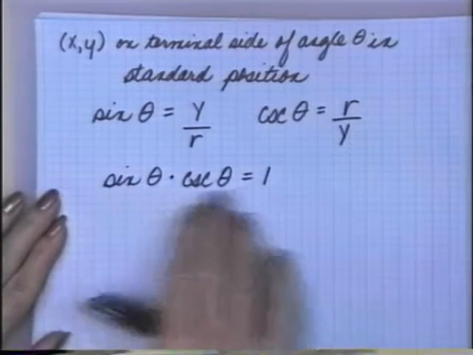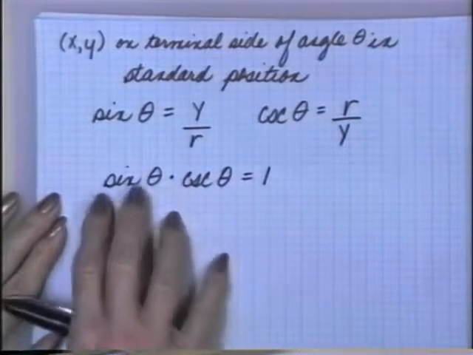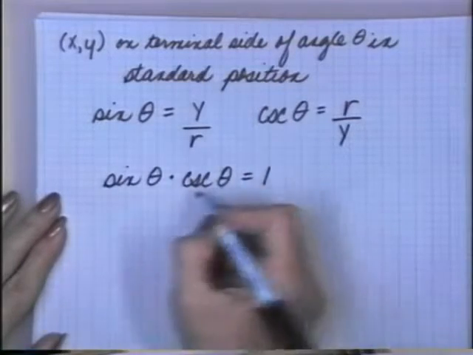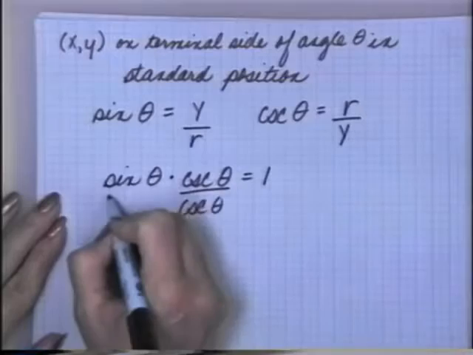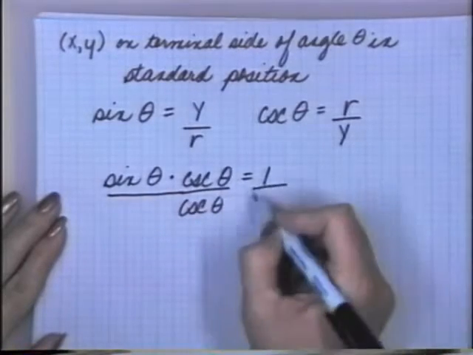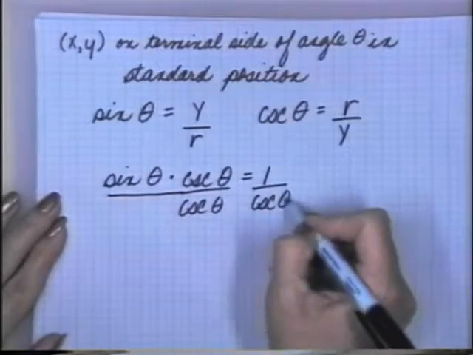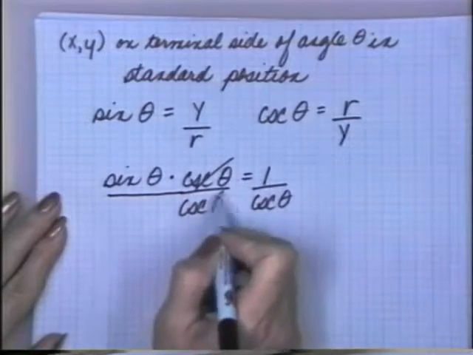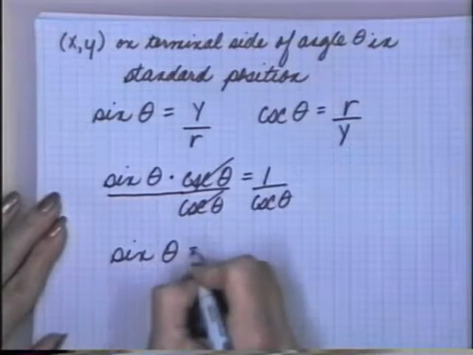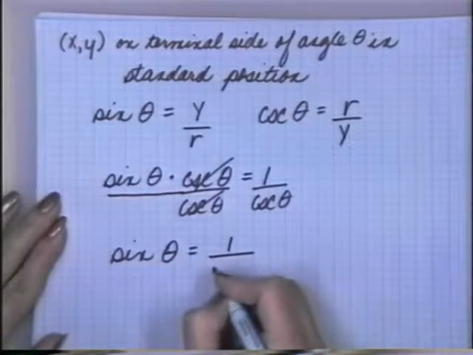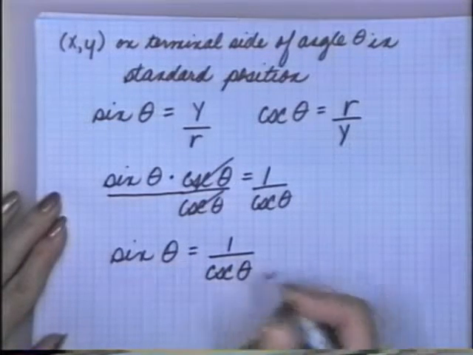Now what if we take this statement and we solve this for the sine of theta? Let's divide both sides of this equation by the cosecant of theta, and you can see that what we get is that the sine of theta equals 1 over the cosecant of theta.